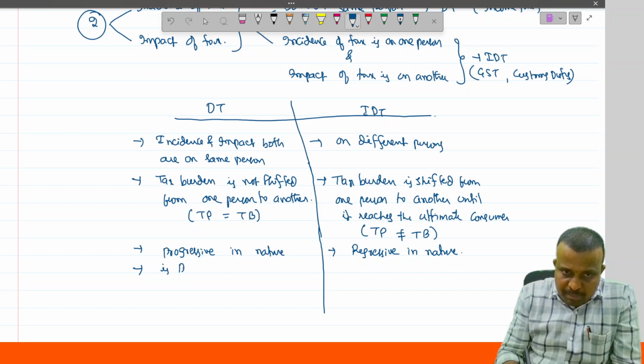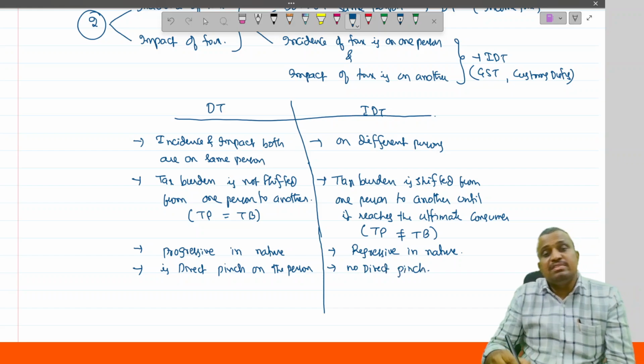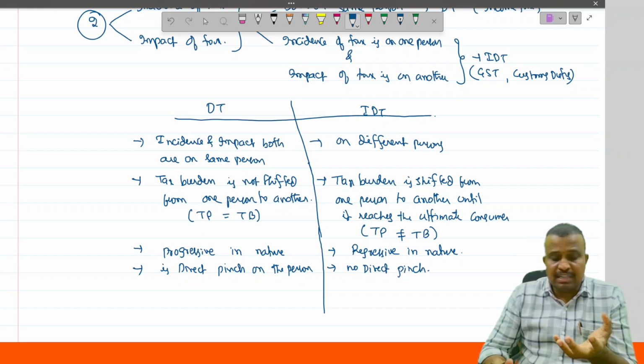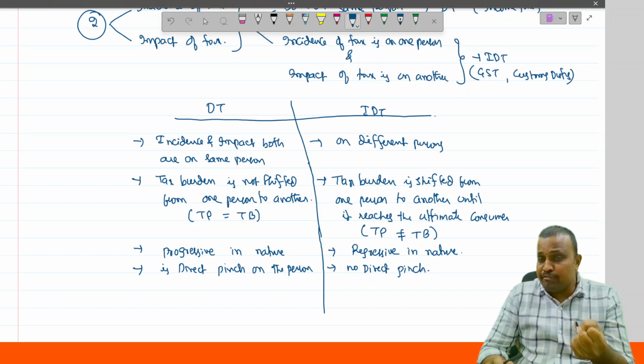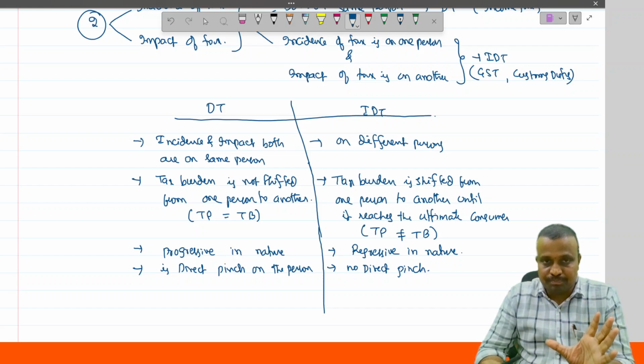But the direct tax is progressive in nature. And in case of direct tax, there is a direct pinch on the person, and in indirect tax there is no direct pinch. Means what? In case of indirect tax, the main beauty is every person is paying the tax at the time of purchase of the product or receiving the service without knowing whether they are paying the tax or not.